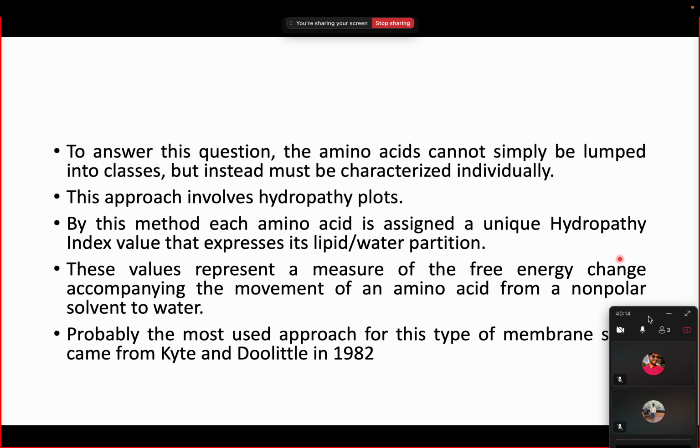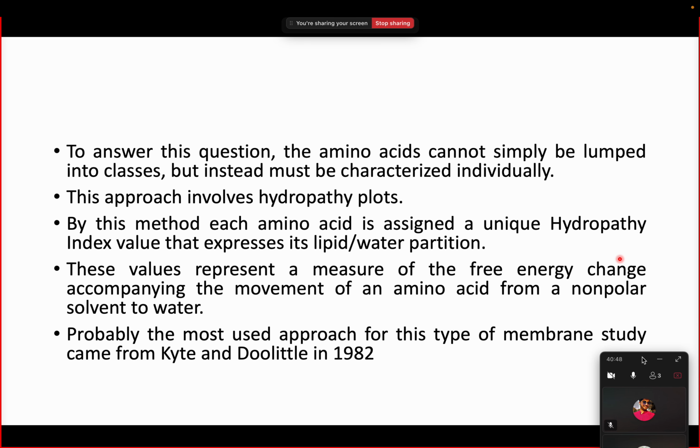If an amino acid wants to stay in a hydrophilic environment, more energy needs to be supplied to bring it to the hydrophobic part of the partition. On the other hand, if the residue wants to stay in a hydrophobic environment, then less energy needs to be provided, or it will be a spontaneous process that it will come to the hydrophobic side. These values represent a measure of the free energy change accompanying the movement of an amino acid from a non-polar solvent to water.